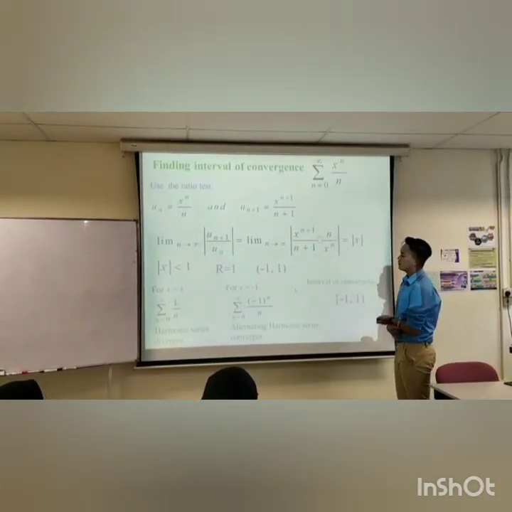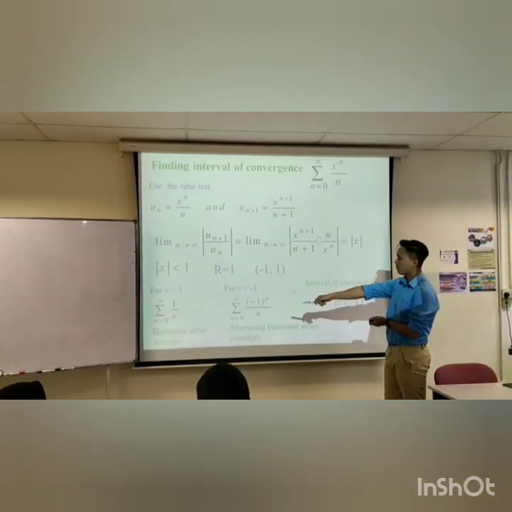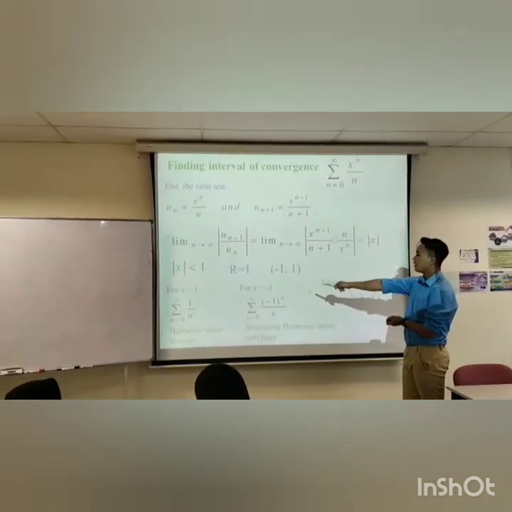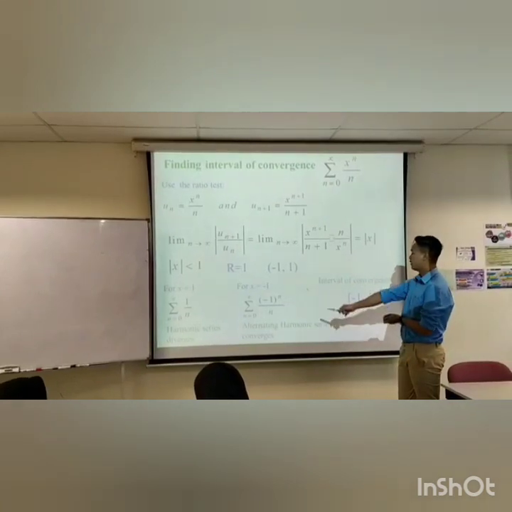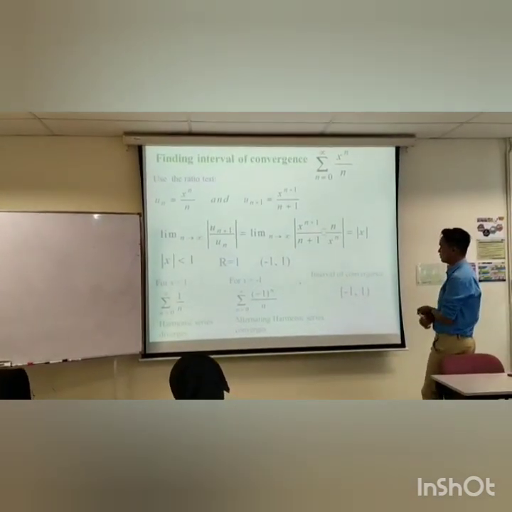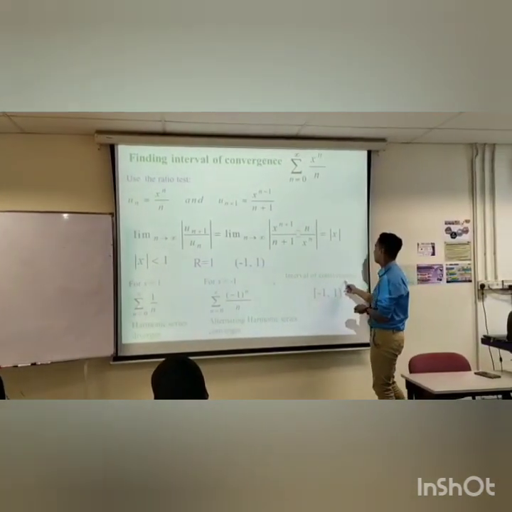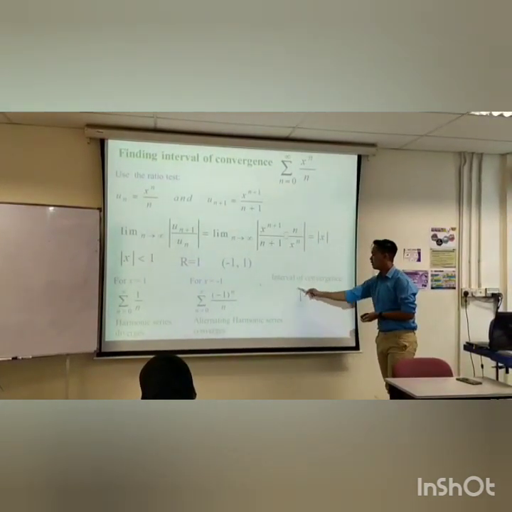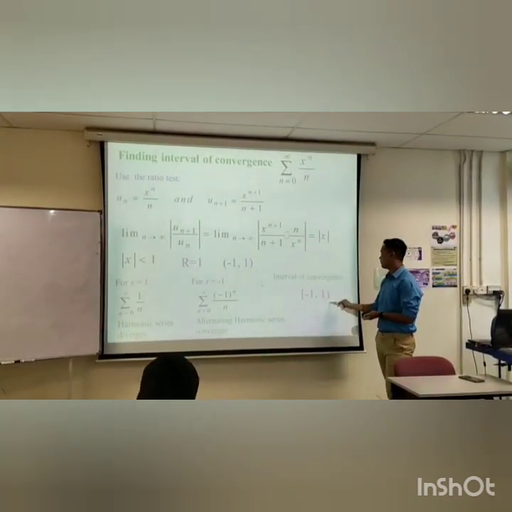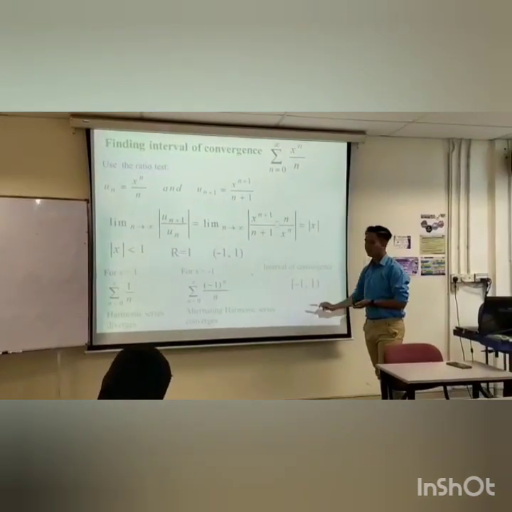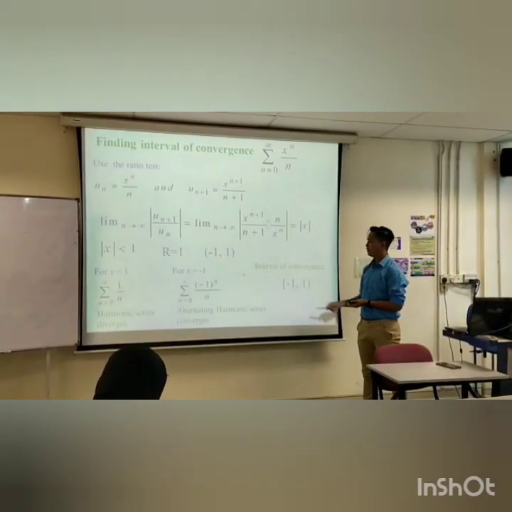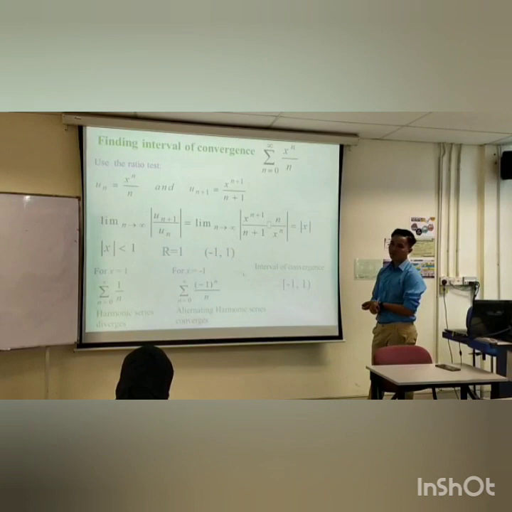For x equals 1, it equals 0, the harmonic series diverges. For x equals -1, the alternating harmonic series converges. So the interval of convergence uses this kind of bracket. You must know the difference between this and this. So [-1, 1). Are you clear on this?